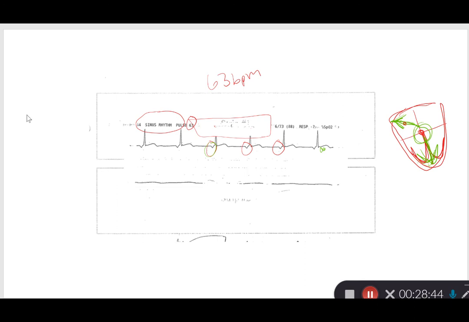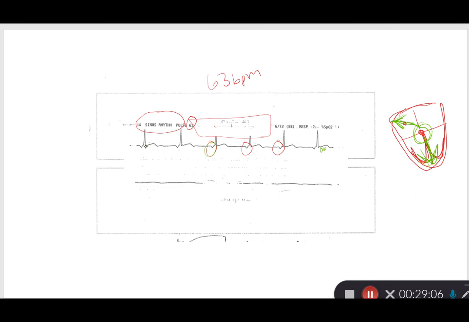And again, it'll be inverted. So we could have the inverted P wave before. We could have no P wave because it's buried in the QRS complex. Or we could have the P wave happening after the QRS complex, all depending on how fast that signal is traveling through the atria. But we know it's junctional, so we need to figure out what type of junctional rhythm it is. Everything else about this is normal.